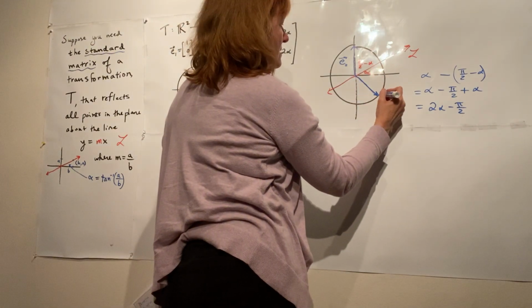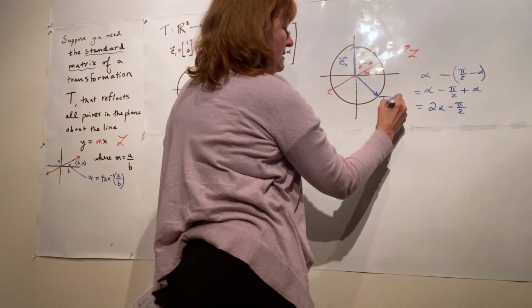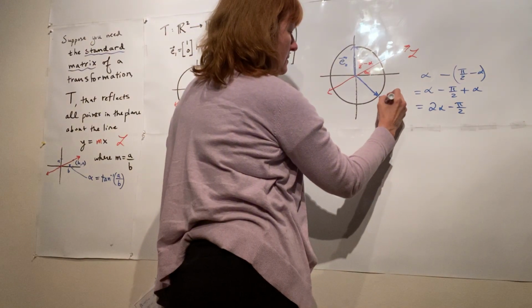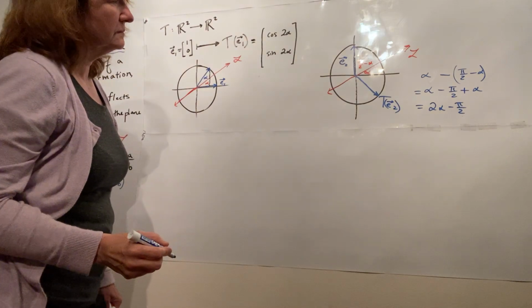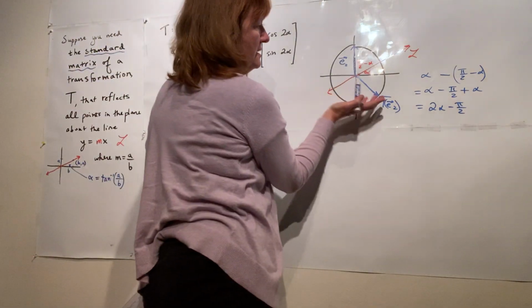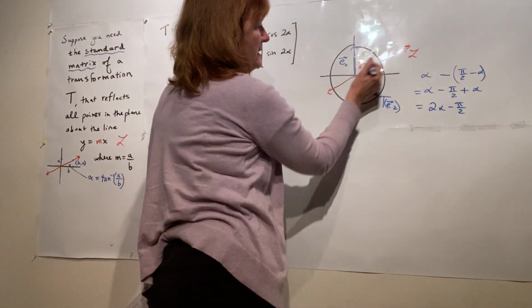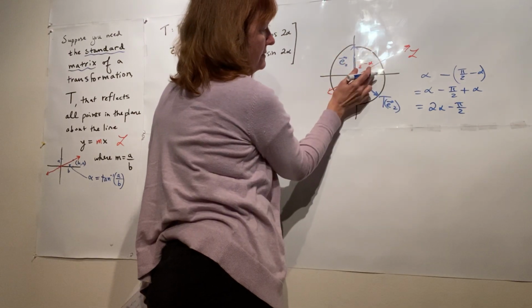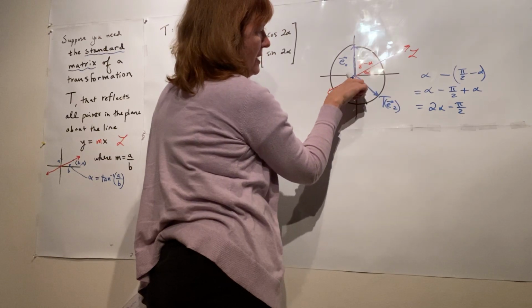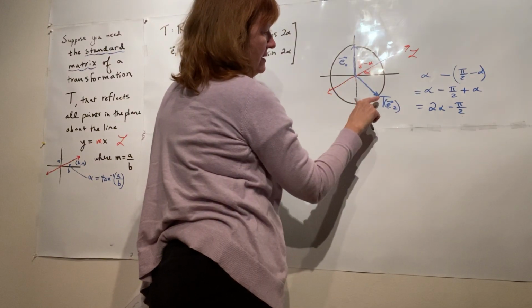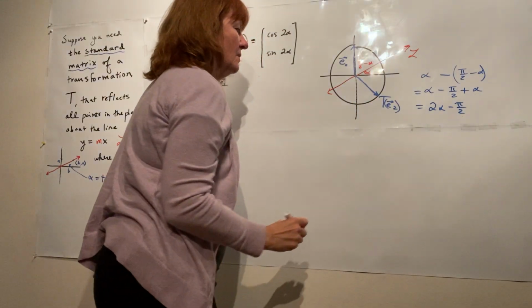Okay, so this is going to be T of E2 there. Again, how did I get to it? If I think of the line L at angle alpha, I was forced to go alpha in this direction and then pi over 2 minus alpha in the other way, and I end up right here.